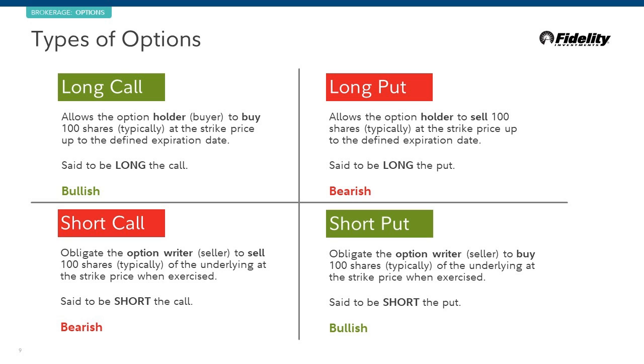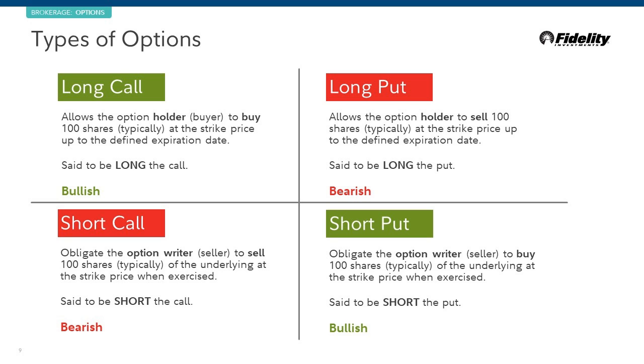Let's work with a little bit of what we talked about when we first broke it down, that these are essentially just contracts between buyers and sellers. If you are long the call, that will allow you as the buyer, as the holder, to buy 100 shares, typically, at the strike price up to the defined expiration date.